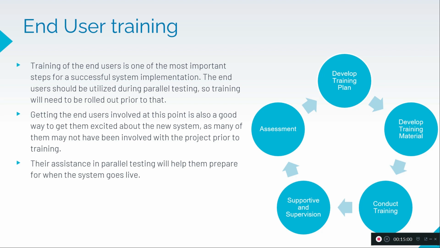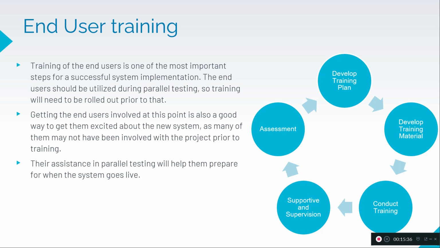Supporting and supervising the training progress, assessment, and making continuous improvement and updates to the training plan. Training of the end users is one of the most important steps for a successful system implementation, because user happiness about using the new system and adapting their mindset from the existing system to the new system is very important.